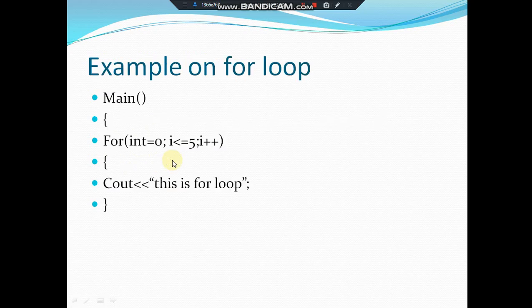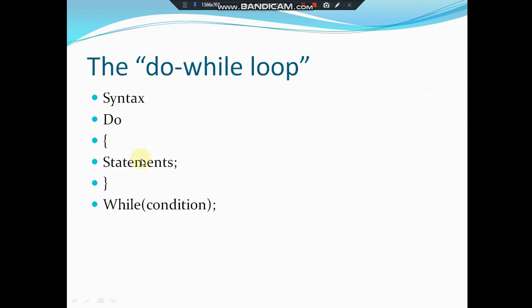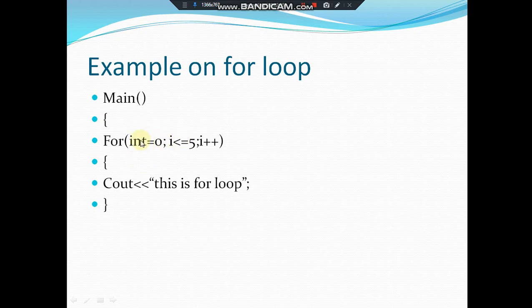So int i is equal to 0, i is less than or equal to 5, and i++. When the value of i becomes 5, so 5 is less than or equal to 5, this loop will terminate, and this statement will execute 5 times.